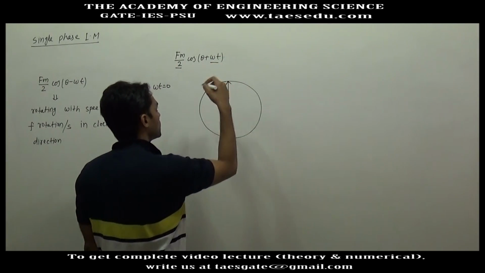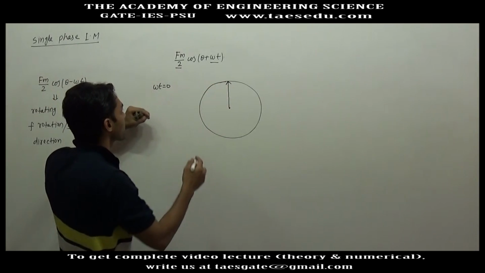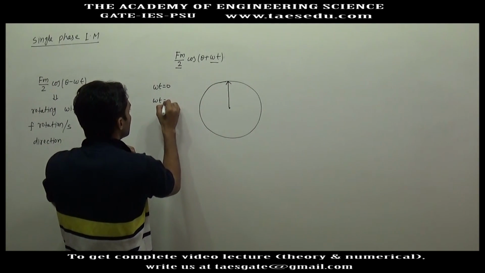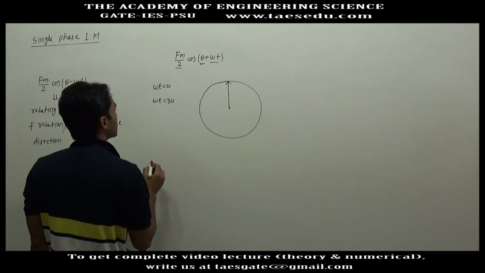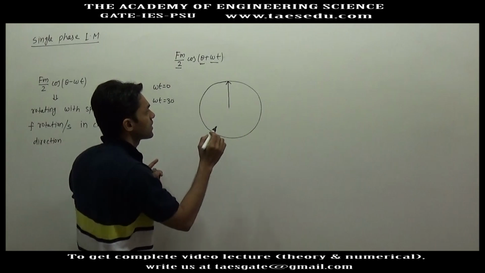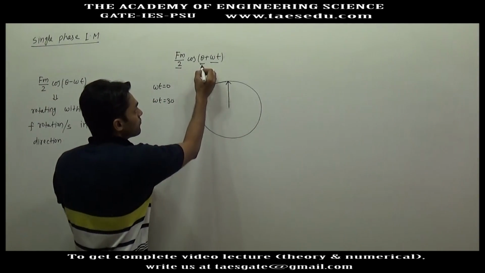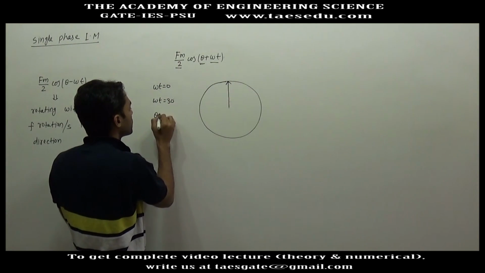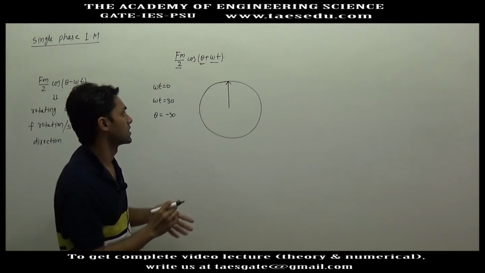If you increase, omega t will always increase because t always increases. So when omega t is equal to 30 degree, you have to put theta equal to minus 30 degree. In the previous case I have taken the positive direction of theta in clockwise direction. So if we have negative value of theta, we will have to take it in anti-clockwise direction.